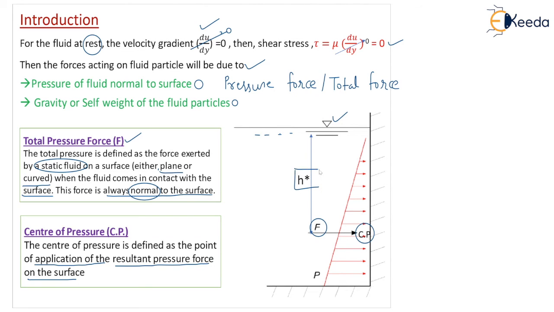H star means the vertical distance of CP from the free surface of water, and F is always normal to the surface, correct? And this red line shows the magnitude of pressure increases as the depth increases. Okay, thank you.